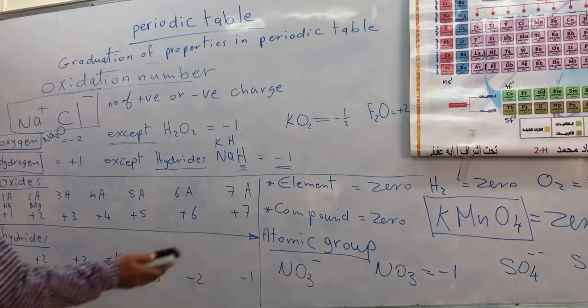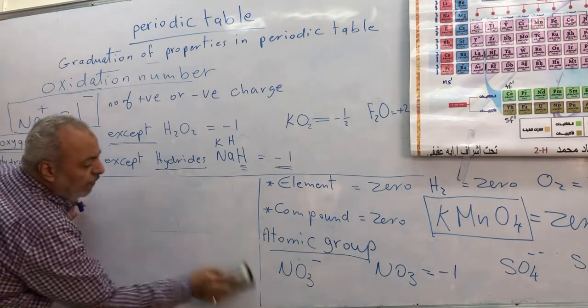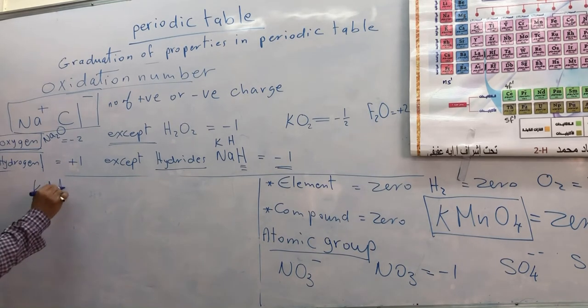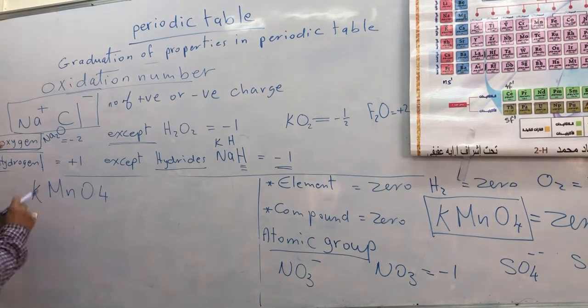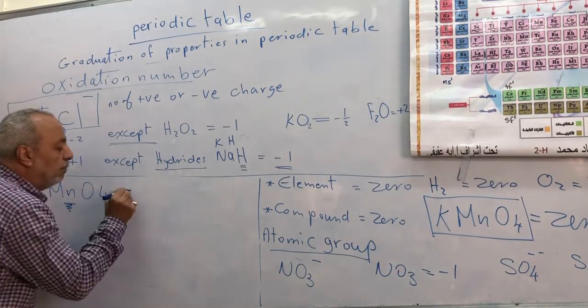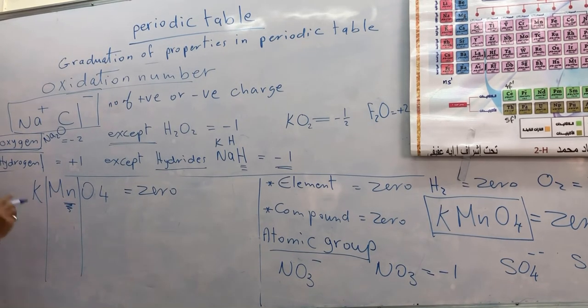How can we calculate the oxidation number for any element? If we have a compound such as KMnO4 and they ask me to calculate the oxidation number of manganese, Mn. First rule, this is a compound, so the summation equals 0. K, in the form of oxides in group 1A, has an oxidation number of +1.